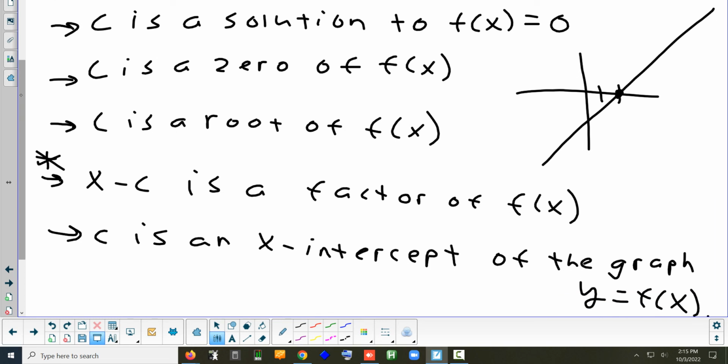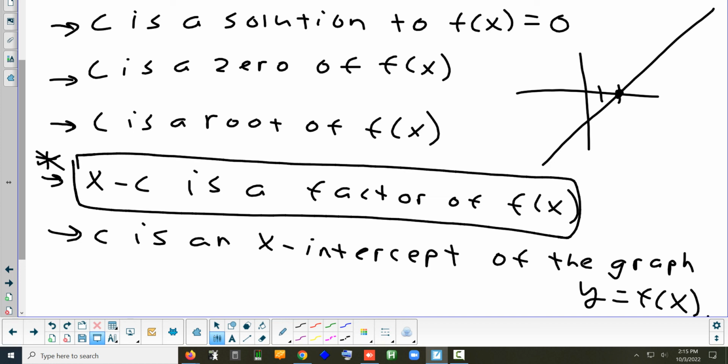Usually when you say something is an x-intercept, you're thinking about writing the answer as a coordinate. When you say something is a 0 or a root, you're talking about writing a single number, like 2. But this is going to be very important in the next problem. So remember, if you know a number is a root, x minus that number is a factor.